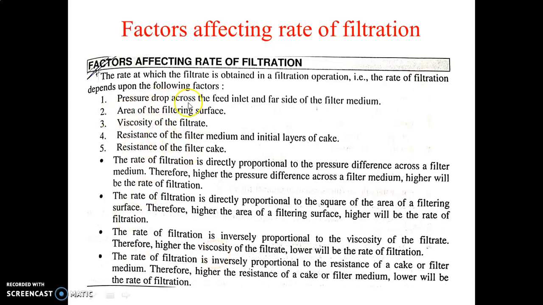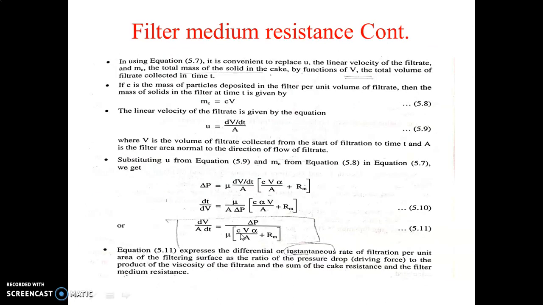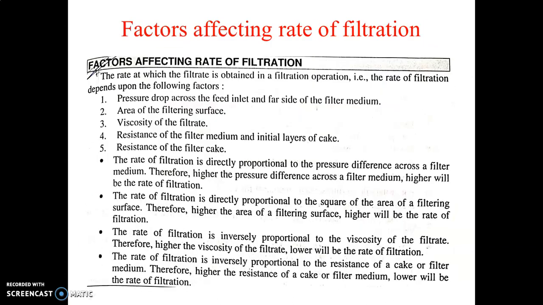First one is the pressure drop across the feed inlet and far side of the filter medium. So pressure drop means inlet pressure and outlet pressure. Here this is, suppose, the inlet pressure and this is the outlet pressure.